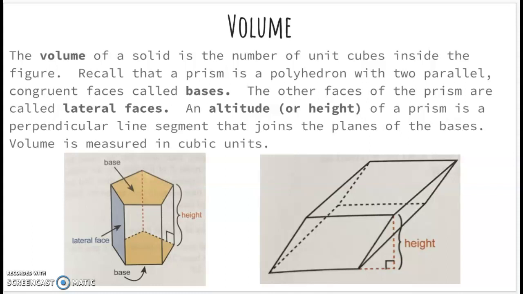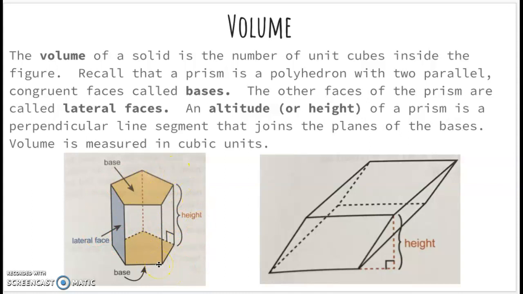Volume is always measured in cubic units, right? So you want to think, now we're getting into that third dimension. Here's, again, a refresher in some of that vocabulary. Your lateral faces are the faces around your shape that attach your 2 congruent bases.